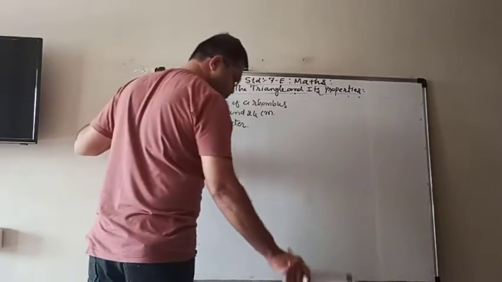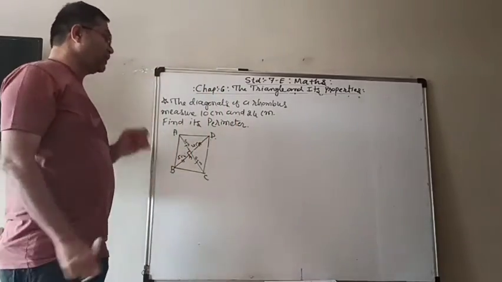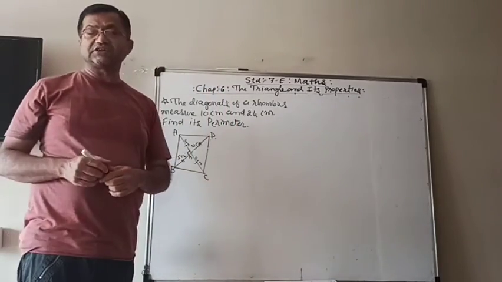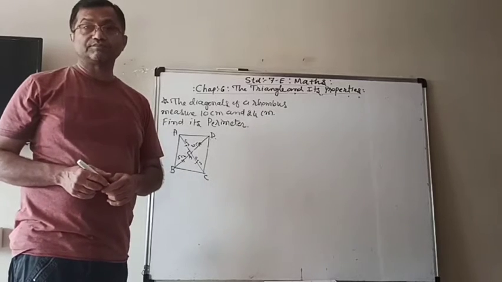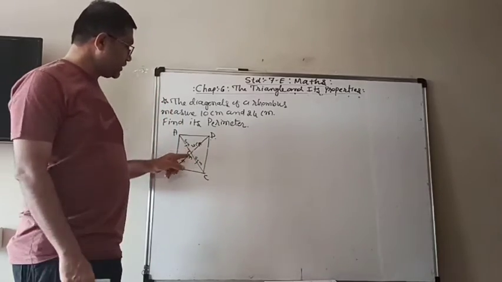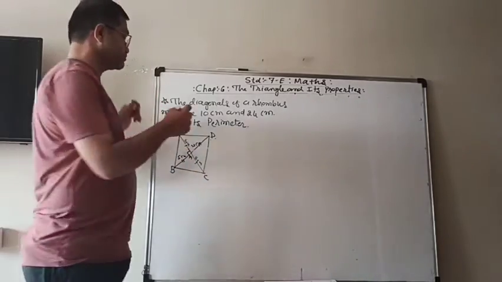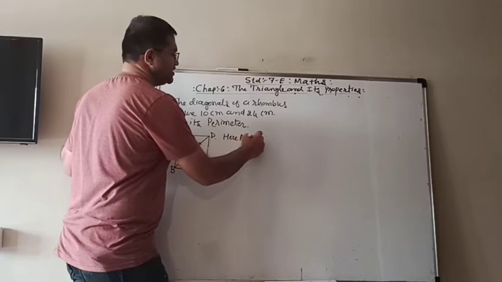Now you should remember that in a rhombus the diagonals bisect each other and they are perpendicular also. It means that when they cross each other, they make a right angle also. So here ABCD is a rhombus.